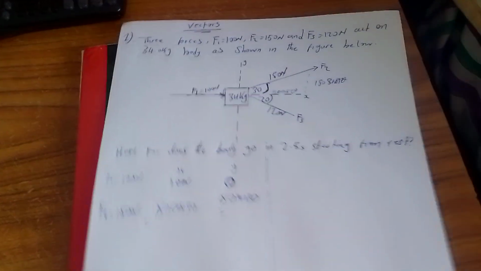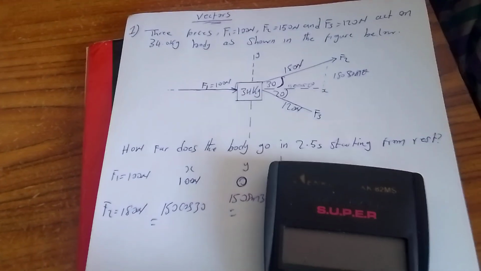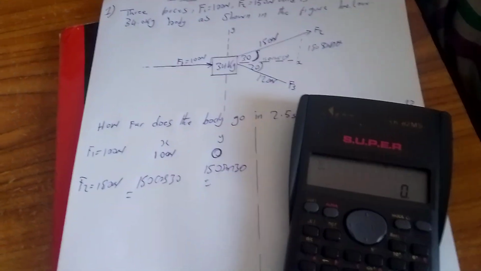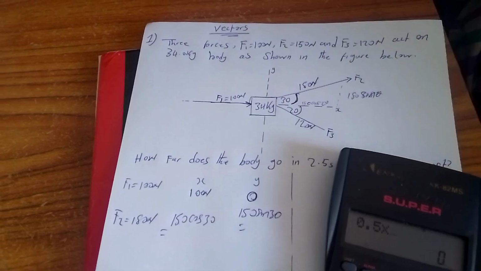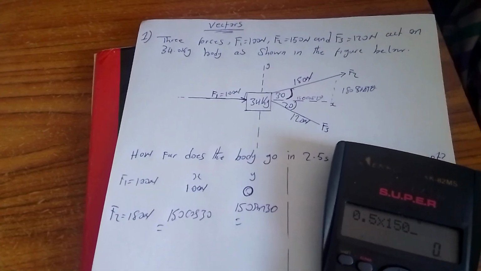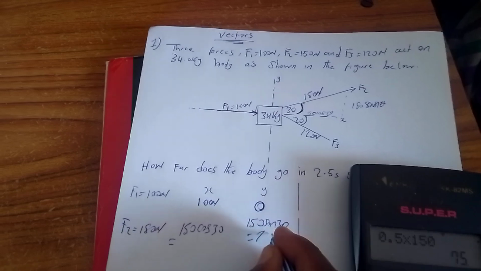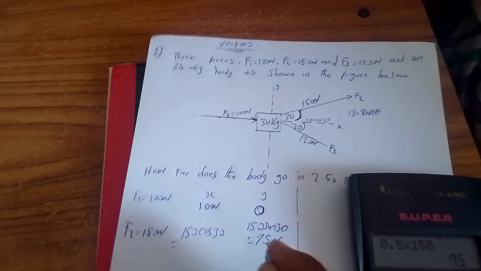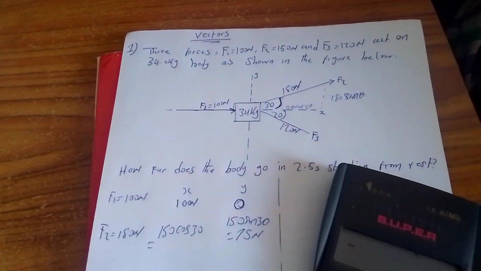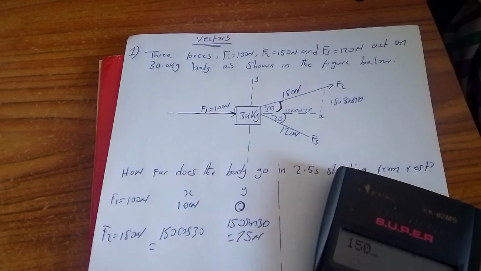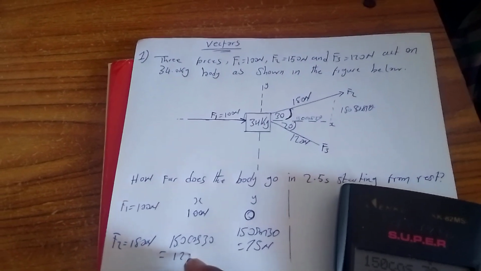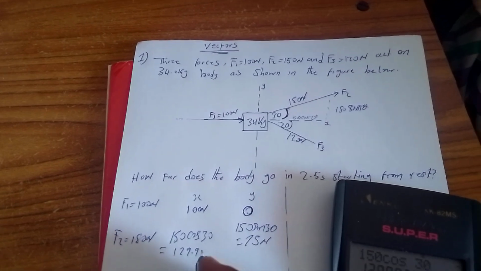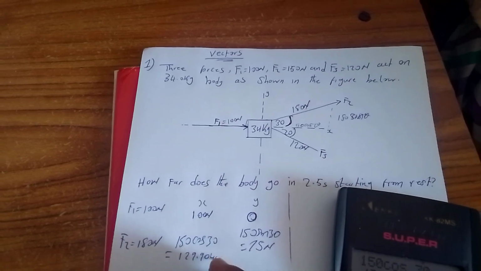Sine of 30 is 0.5, so 0.5 times 150 is 75 newtons. Then 150 cos 30 is 129.9 newtons.